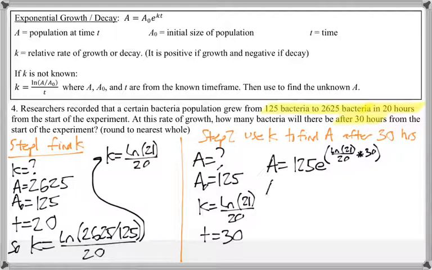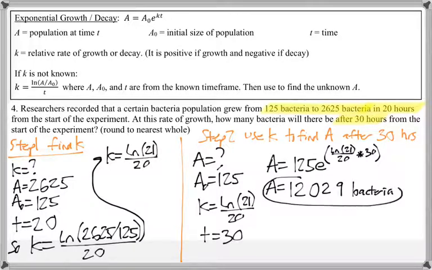And I get 12,029 bacteria. If you have the older version of the calculator, you'll have to type it in like this.